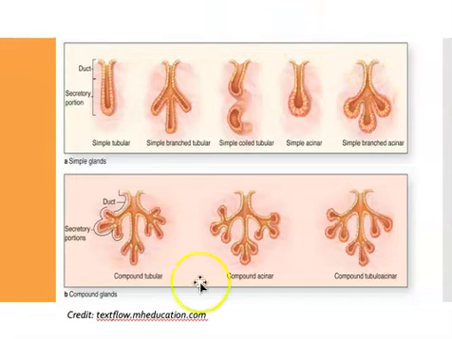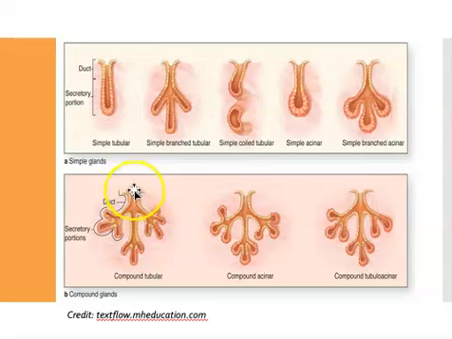Now take a look at the bottom of the slide that represents different types of compound glands. In compound glands, you're going to see branching of the duct, and you may or may not have branching of the acinus. So in the first drawing over here on the left, we have what's called a compound tubular gland. It's compound because the duct is branched.